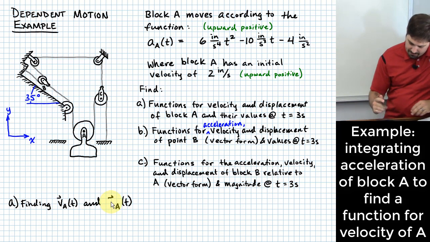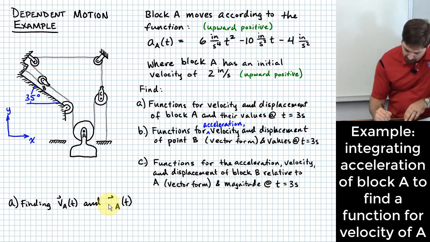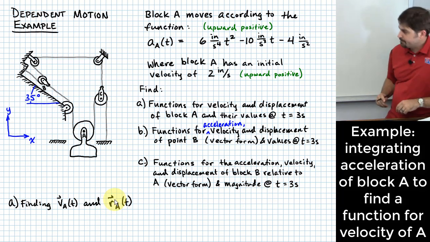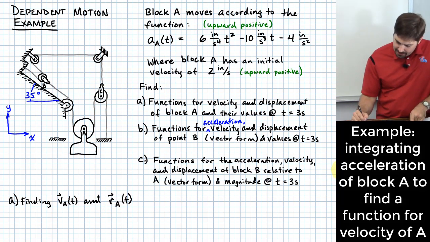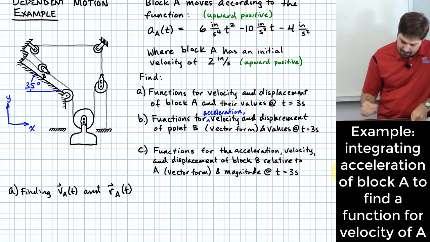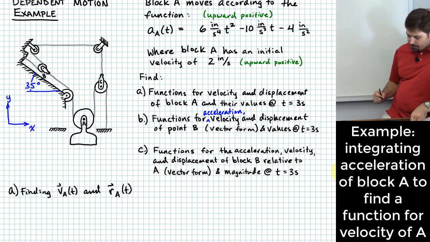What was I trying to find? We're trying to find displacement, right? And I'll just call that R sub A. So what do I need to do if I know acceleration as a function of time, and I want to determine velocity as a function of time?